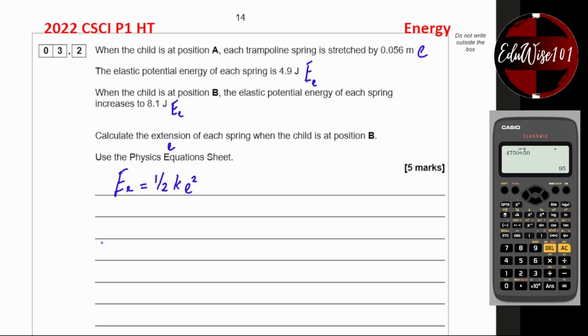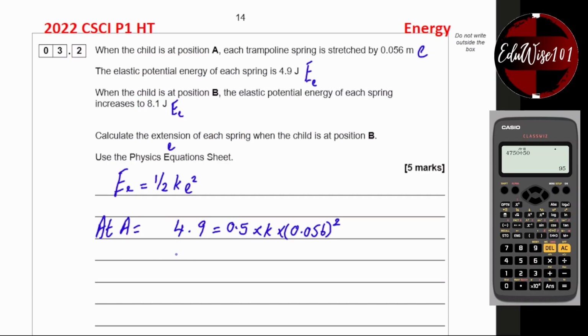So at A, 4.9 joules is equal to half, 0.5, multiplied by the spring constant multiplied by 0.056 squared.